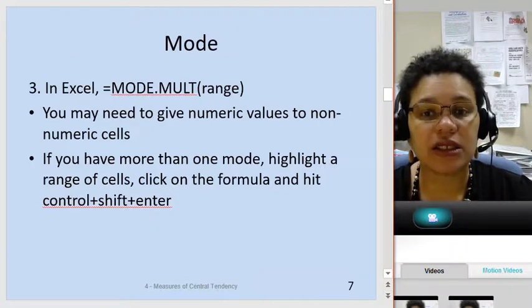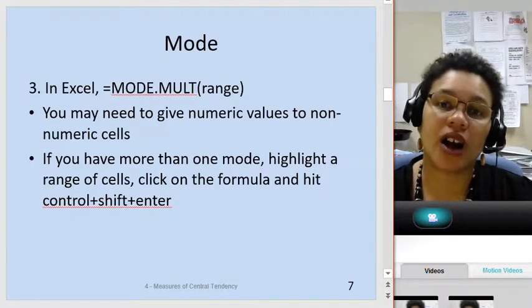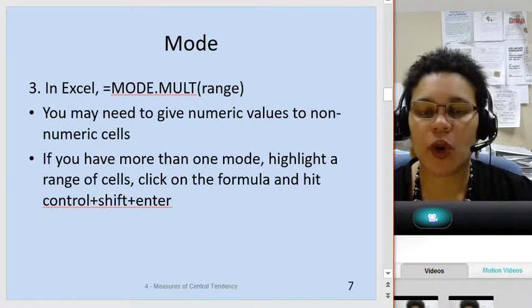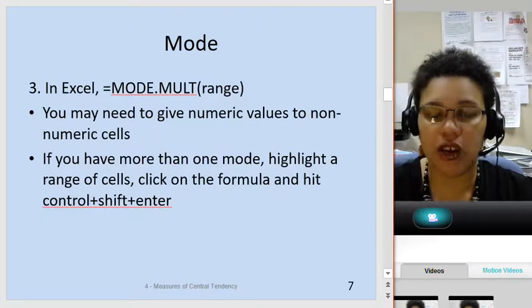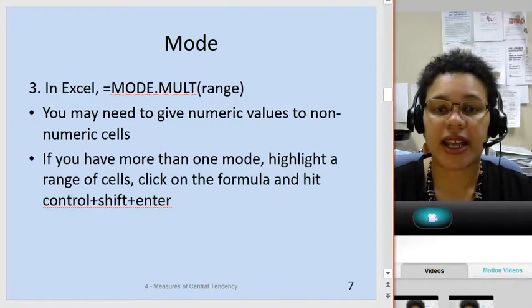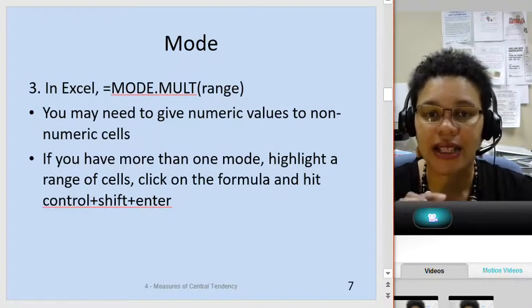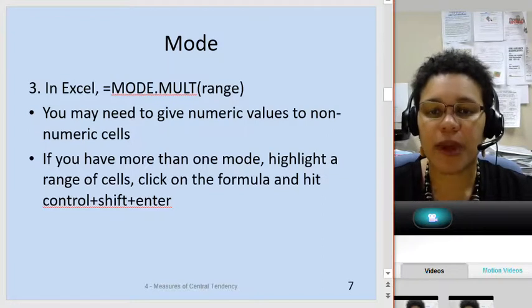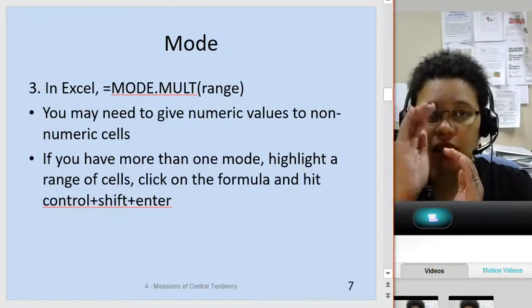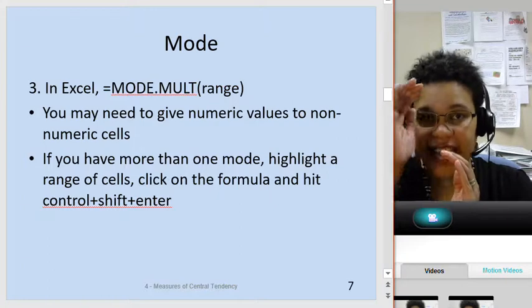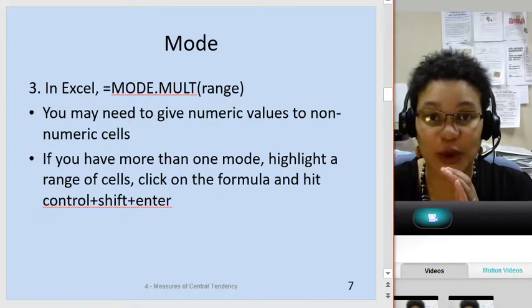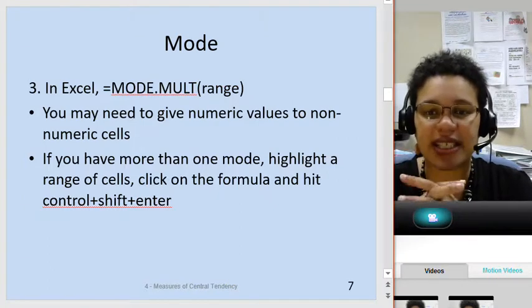In Excel, you can do a formula. Let's say at the bottom of your column, you might write equal sign MODE.MULT, and then the range of the column. So let's say A2 to A24 would be in the parentheses.